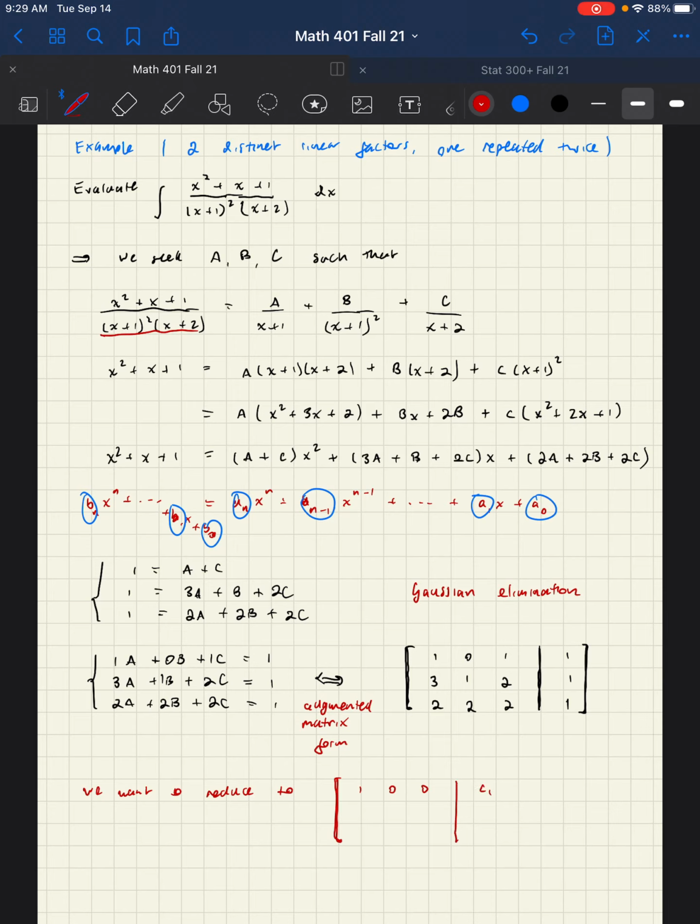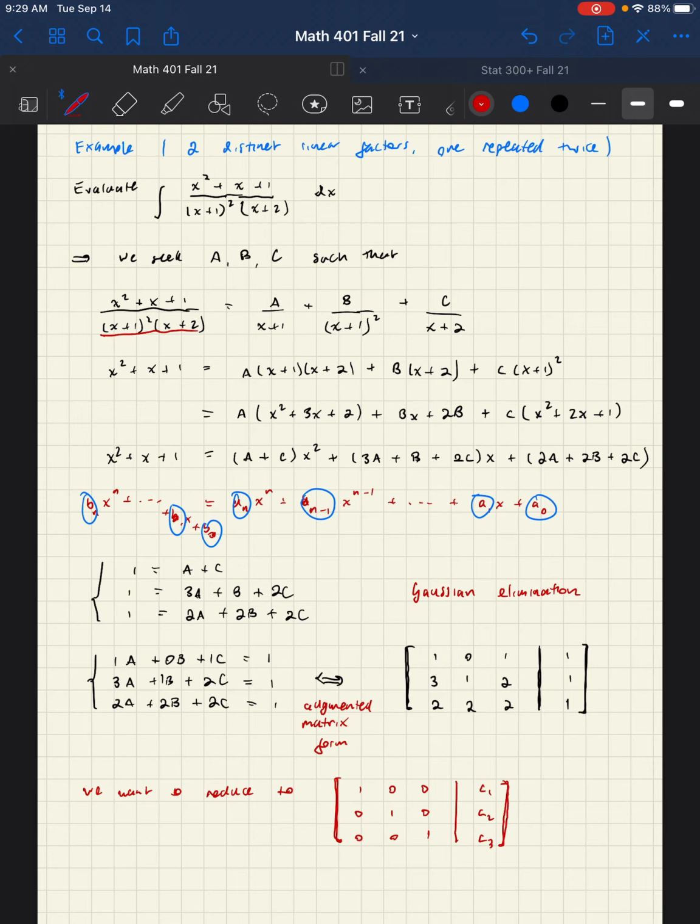I'm going to call it C1. The second row, I'm going to make it look like 0, 1, 0, and then a C2. The last one is going to look like 0, 0, 1, C3, and then that closes it off.